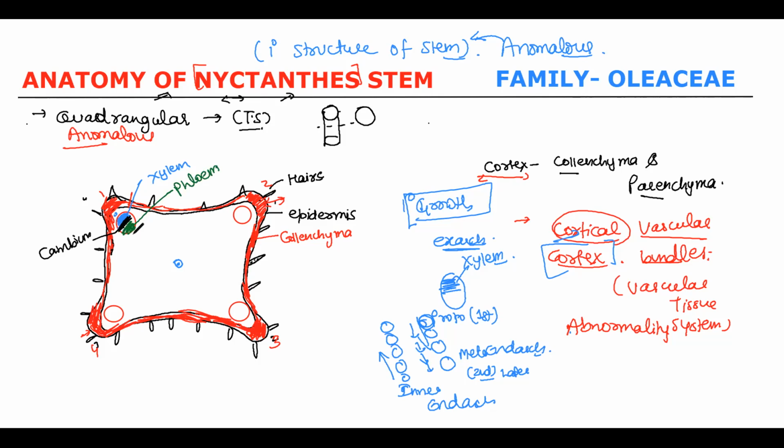So it is a normal bundle present in the cortical region, but it is a kind of reverse vascular bundle having xylem towards the periphery. Generally in normal bundles the xylem is towards the center, but here the xylem is towards the periphery. This is an abnormality. The bundle is collateral, with xylem and phloem attached, and open, because cambium is present.